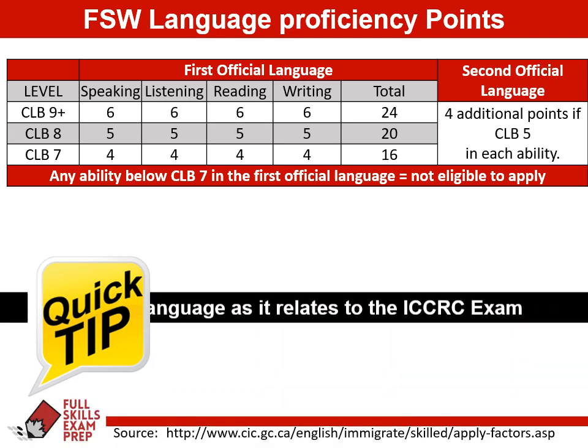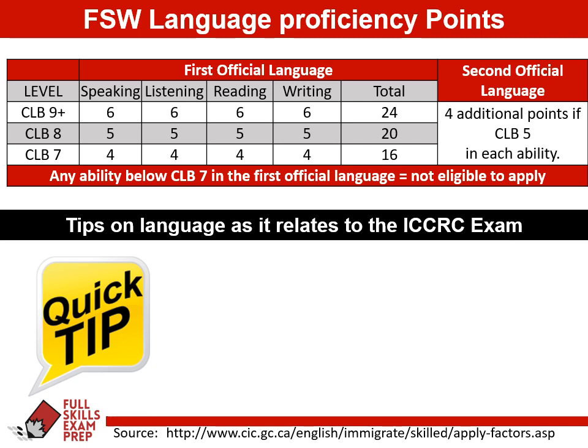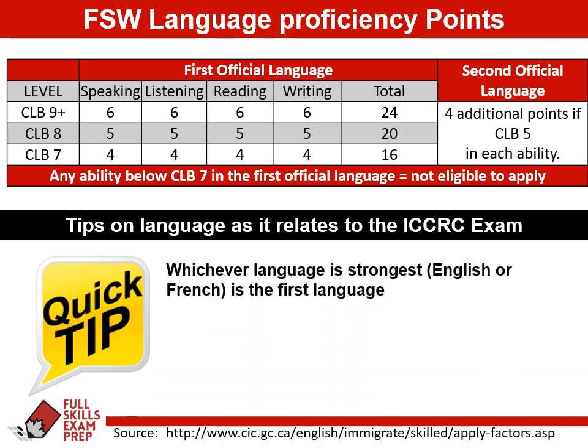Okay, so because language exams are so important for your ICCRC full skills exam, let's just go over a couple of little tips so that we can really make sure that we're covered in anything that has to do with language exams for your big ICCRC full skills exam.